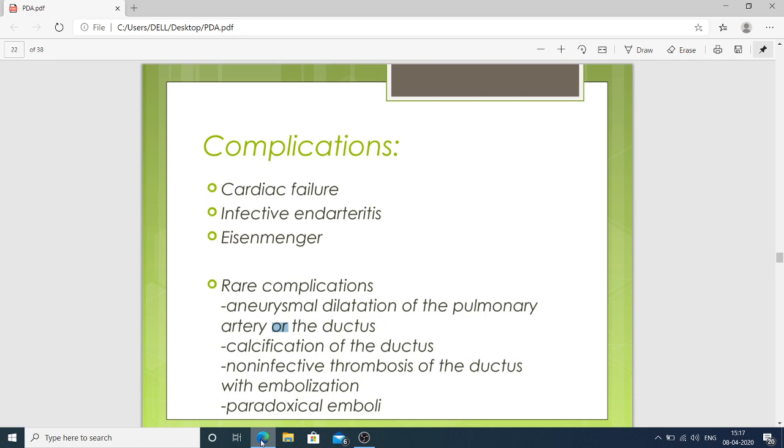Then calcification of the ductus, non-infective thrombosis of the ductus with embolization and paradoxical emboli. Paradoxical emboli actually refers to an embolus which is carried from the venous side of circulation to the arterial side or vice versa.